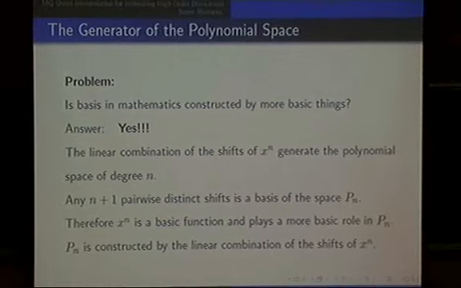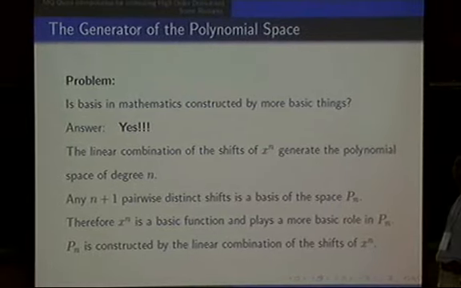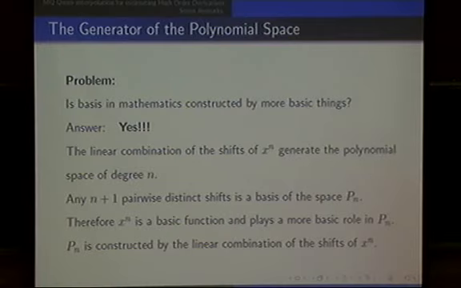For example, polynomials. The linear combination of the shifts of x power n will generate the polynomial space of the domain. Only one function. We only make copies of it. This means shifts, copy, copy, copy, and a linear combination. Then we can construct the polynomial space.